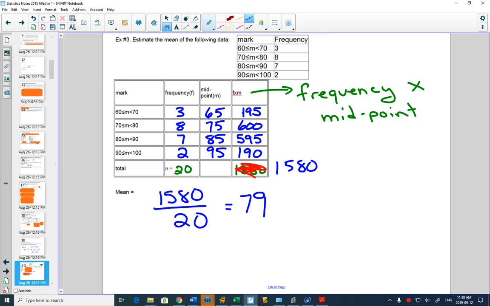But did we use exact numbers, or did we kind of use an estimate because we were using the midpoints? So the approximation sign would make sense to use because we're using an estimate as we're going through.